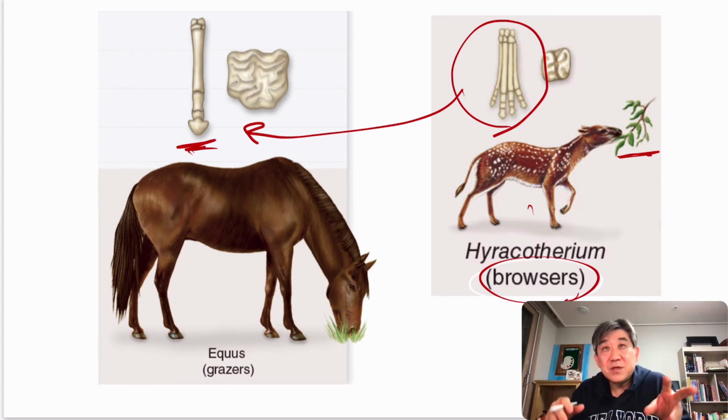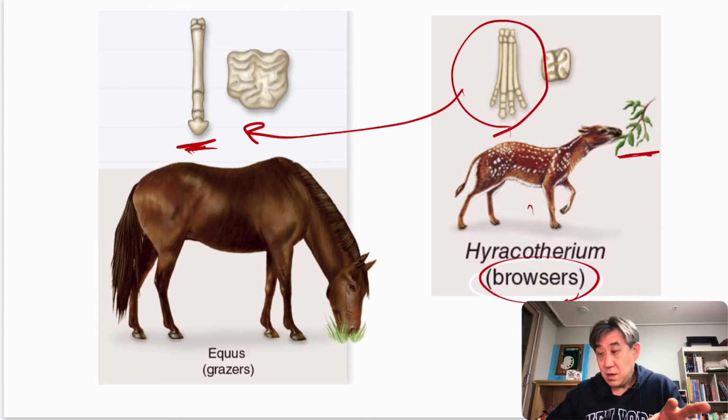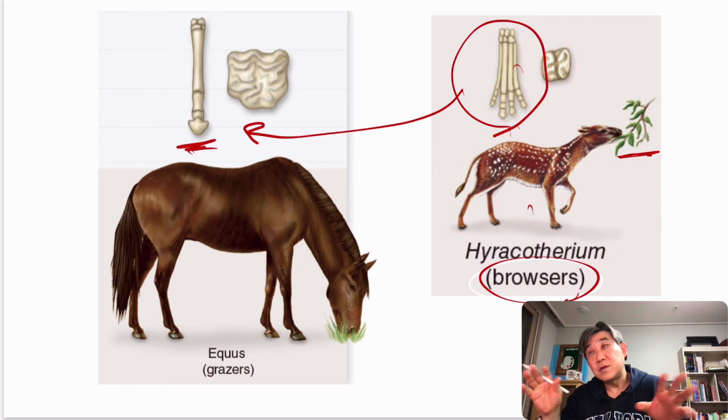Having one fused toe might have been more beneficial in running, because when trying to run hard, you can very easily get a sprained toe, and then you become an easy captured prey for the predators.